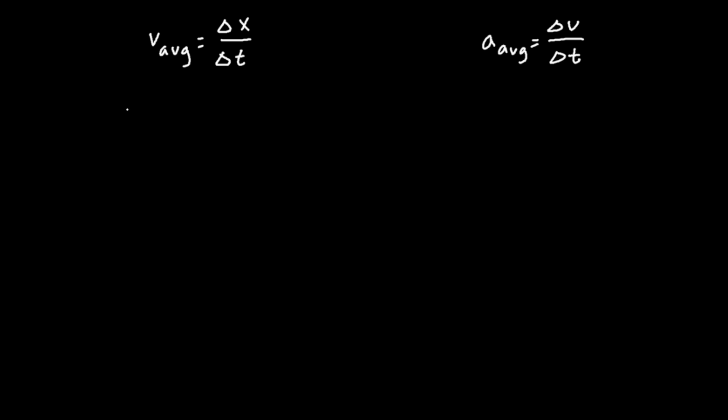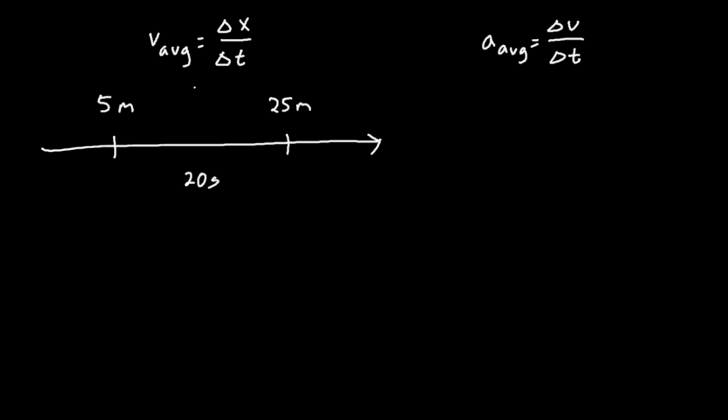What's your average velocity if you're at position 5 meters? Let's say you were on some number line and you were at this position 5 meters, and then now you're at 25 meters after 20 seconds. What's your average velocity? So the reason why you use average velocity is because your velocity could have been, I don't know, 20 meters per second for 0.01 seconds.